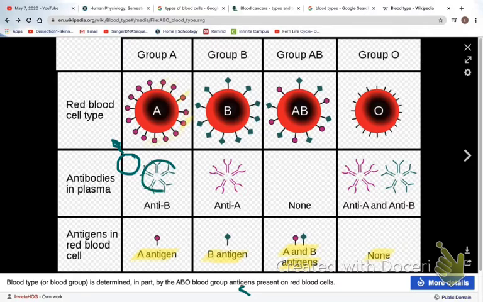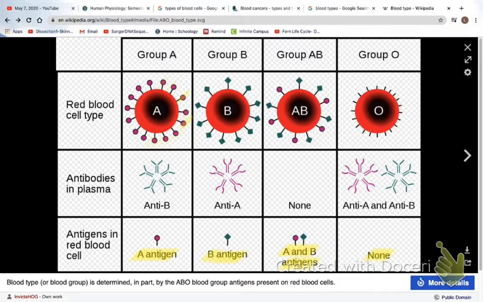And these antibodies will go and destroy. There's the Y. And if you have another one over here, the antibodies come and destroy. They mark this blood cell that you got, and then other white blood cells come and destroy it. So that would be dangerous because it's clumping up all of that blood that you just received. And all of that clumping can cause all kinds of issues with your other systems, with your kidneys, and it could eventually cause you to die.